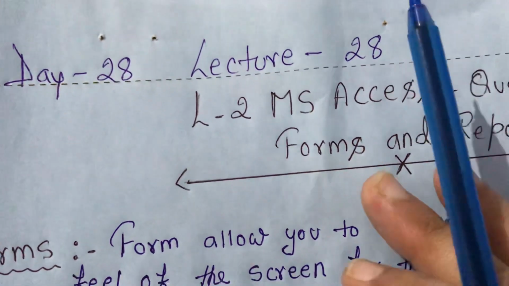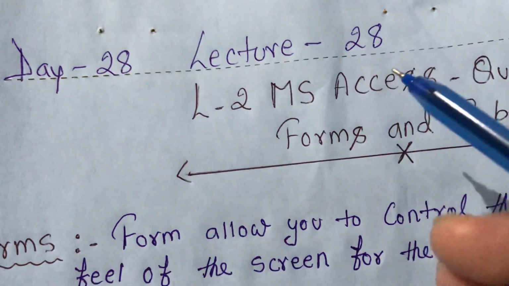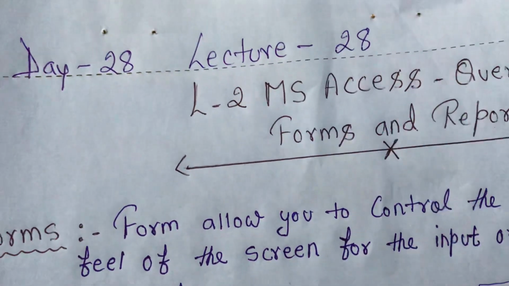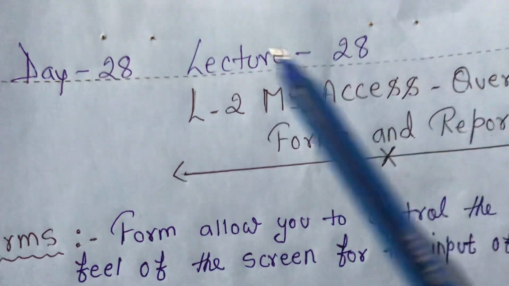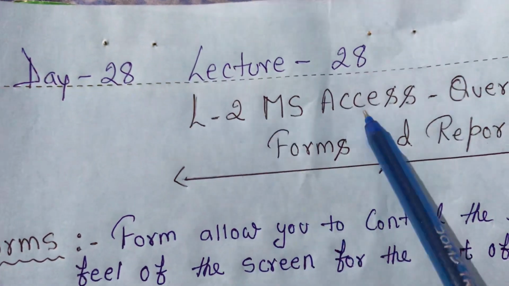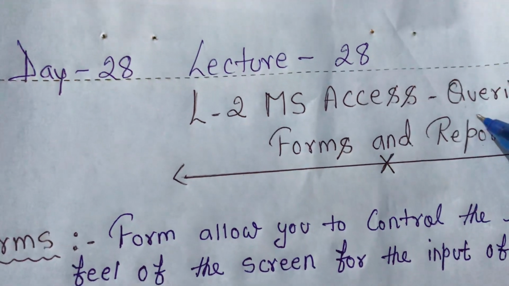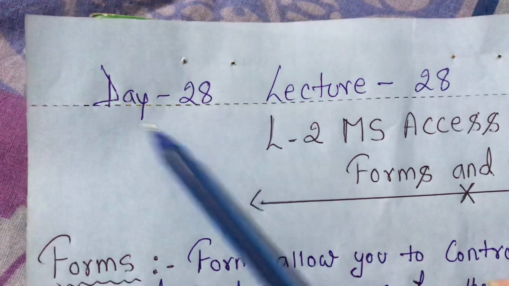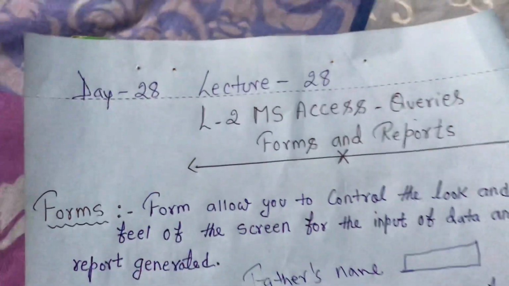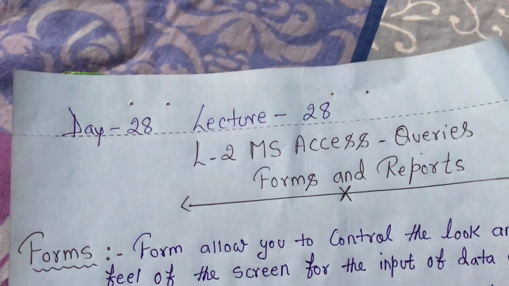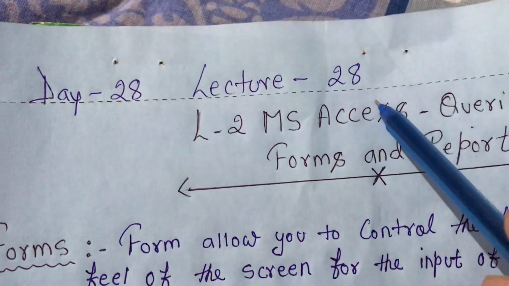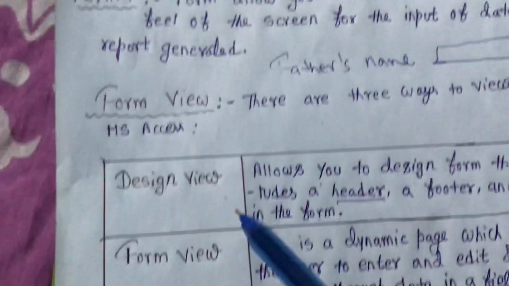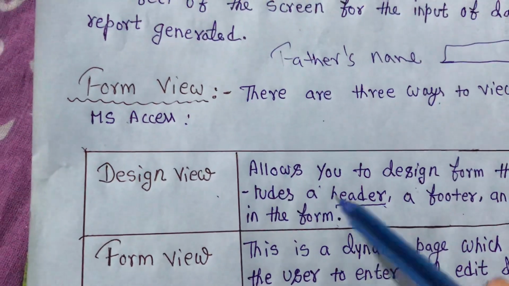Suppose you are creating the form of your school, then on the top of the page we write the school name, Vishnu Bhagwan Public School, and here the logo of the school. So whatever we add at the top of the screen comes in the category of header. So design view allows us to include the header.